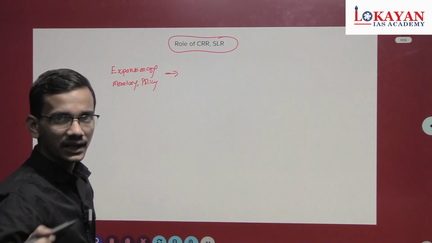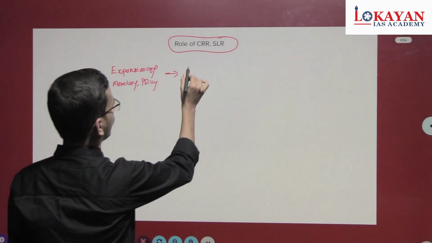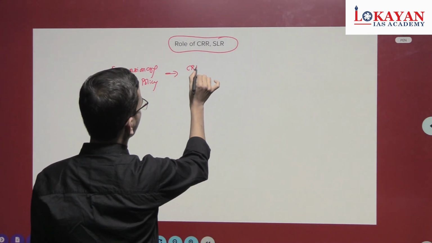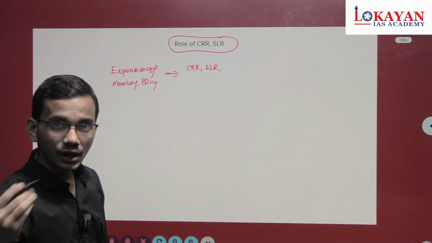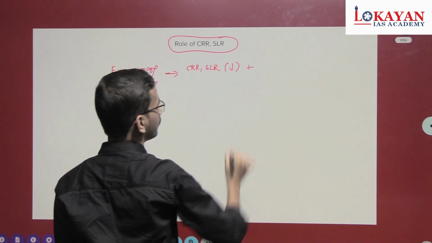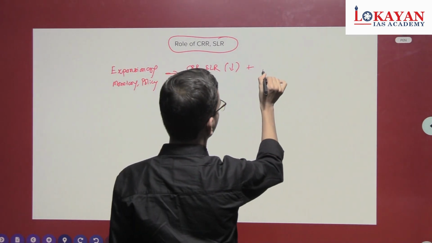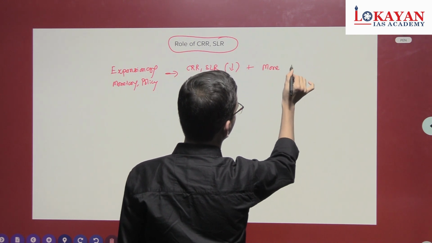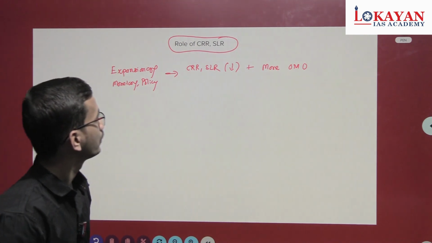What steps does RBI take during expansionary monetary policy? Like CRR, SLR. This statutory reserve requirements reduces. Plus more open market operations. Okay.